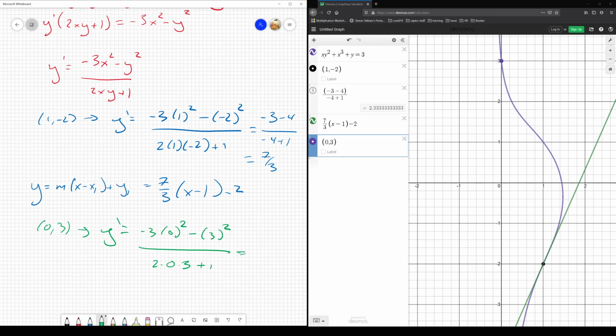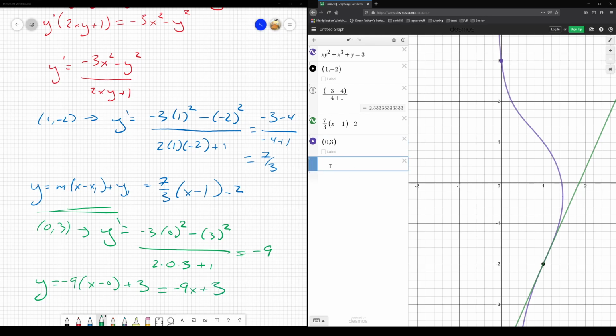Well, that's just going to equal negative 9. So using this formula again, y is negative 9 times x minus 0 plus 3, so negative 9x plus 3. And if I just type y equals negative 9x plus 3, there's your tangent line.